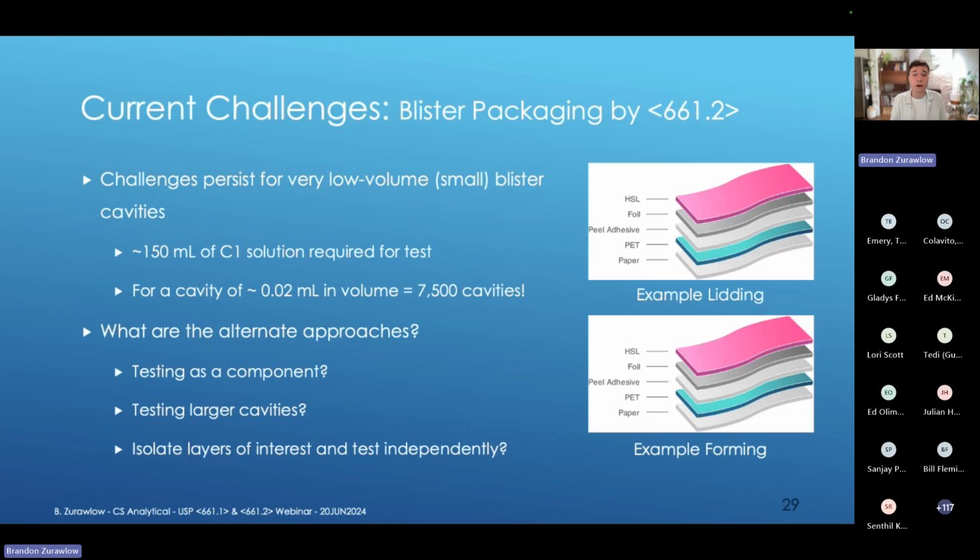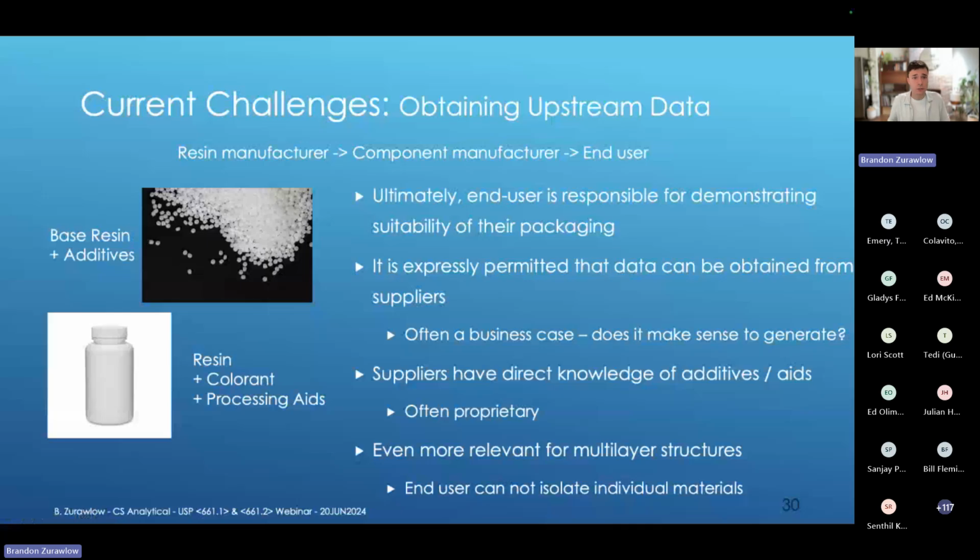The challenge there is that the end user can't really isolate that heat seal layer from the foil once it's been produced. And so that leads to our next challenge, which can be obtaining upstream data.